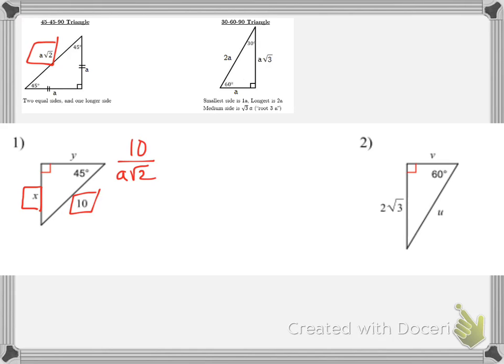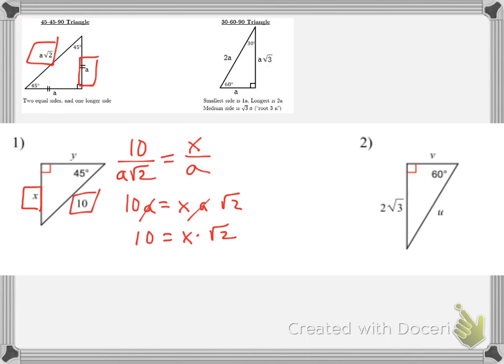X is going to match with a on this triangle. So 10 is to the root as x is to a. Cross multiply. 10a is equal to x times a times the square root of 2. You can cancel a out from both sides just like the last problem. And you have 10 equals x times the square root of 2.